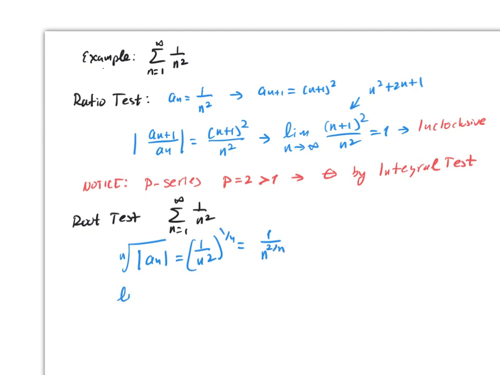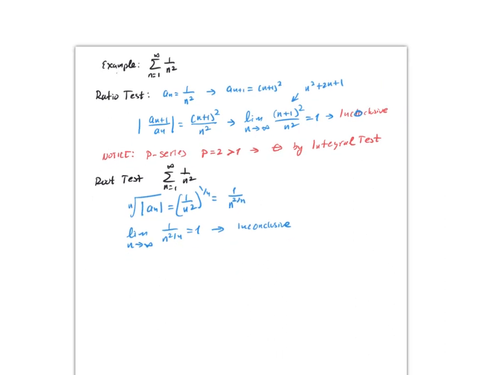And notice that the limit as n goes to infinity of this is also equal to 1. So again, it is inconclusive. So therefore, you need to use a different test, which again, you can just mention this and so forth. All right, so that's it.